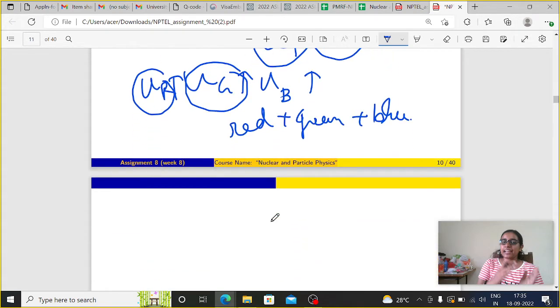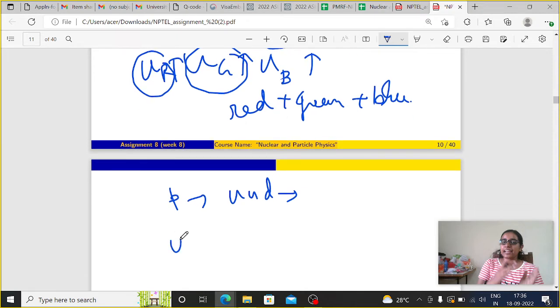So the main point, the caveat of this lecture, is that every particle should be colorless. If I write proton, what is it? UUD. Then I can write, let's say, UR UG DB.